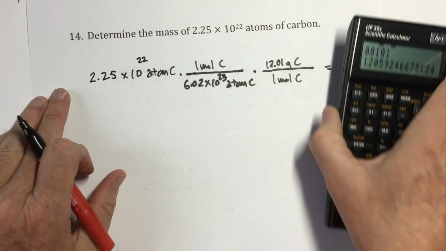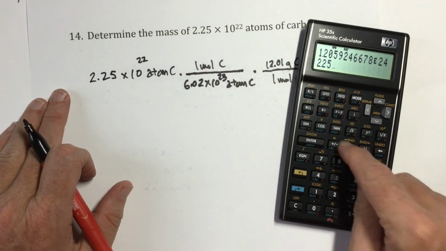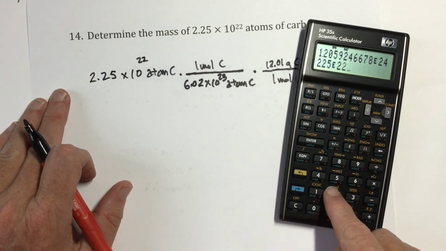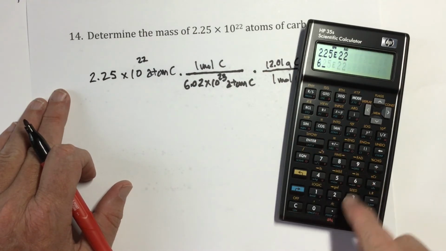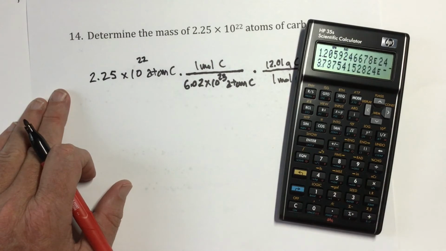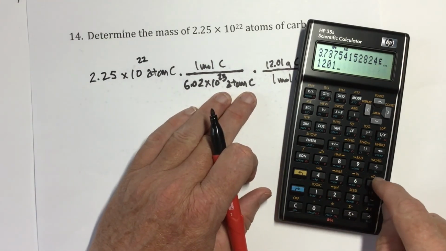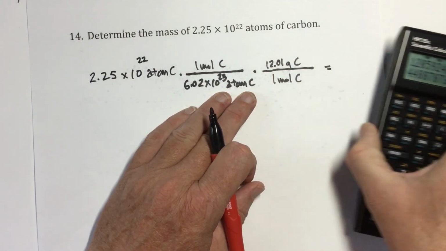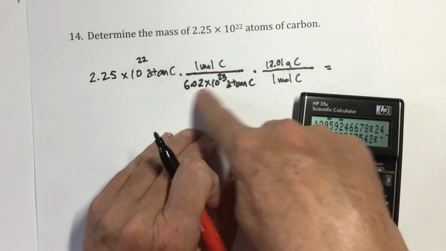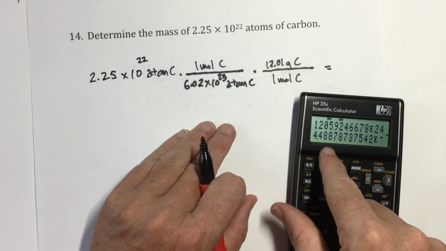Okay. All right, so now it's just a matter of doing the math. So let's do that. 2.25 times 10 to the 22nd, 6.02 times 10 to the 23rd. Divide that. And 12.01, multiply that. Pow! It's like I need 3 sig figs. My calculator is showing 4.488.